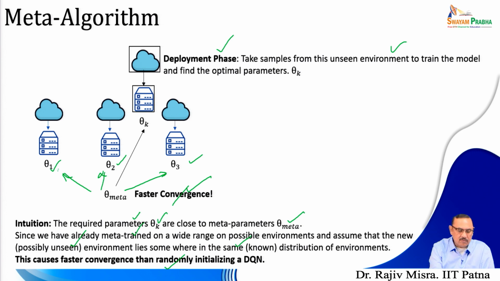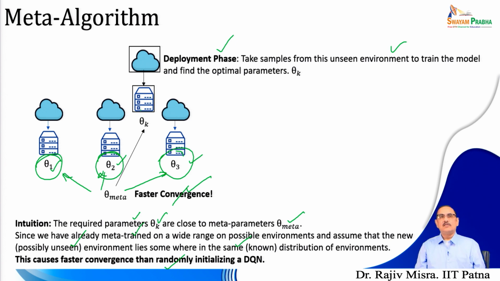So, whatever parameters we have learned are going to be used in learning about the new situation or new environment, and this meta parameter will be used to quickly train the new models or uninitialized DQN.